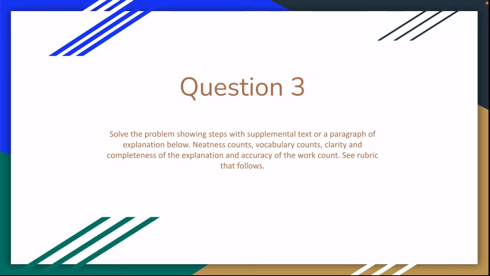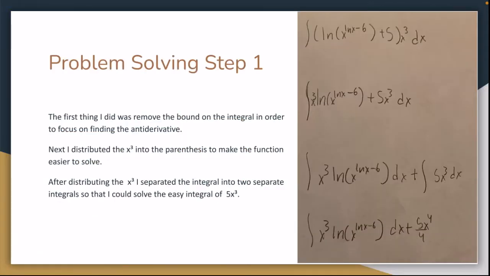Question 3 basically says to solve the integral. Step 1, the first thing I do is rewrite the integral, and then I distribute the x cubed in. So now I have the integral of x cubed times ln(x)^(ln(x) - 6) plus 5x cubed dx.